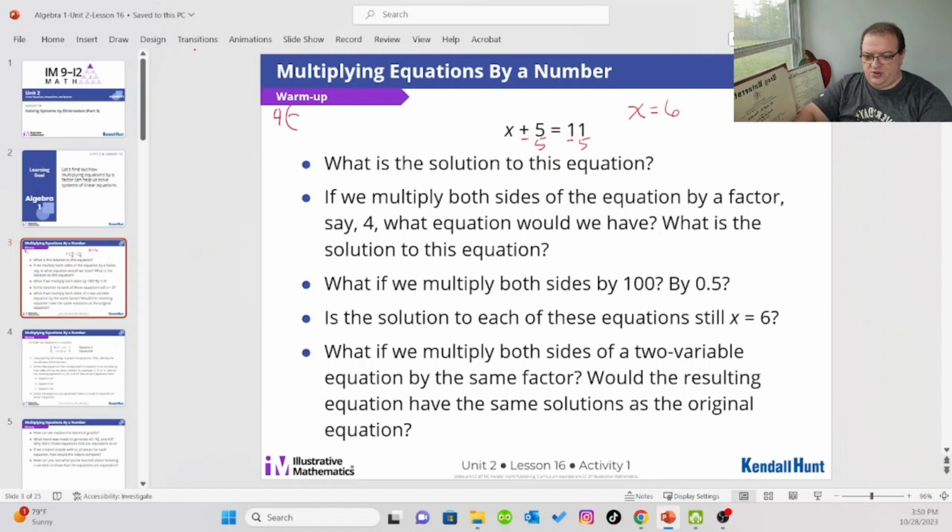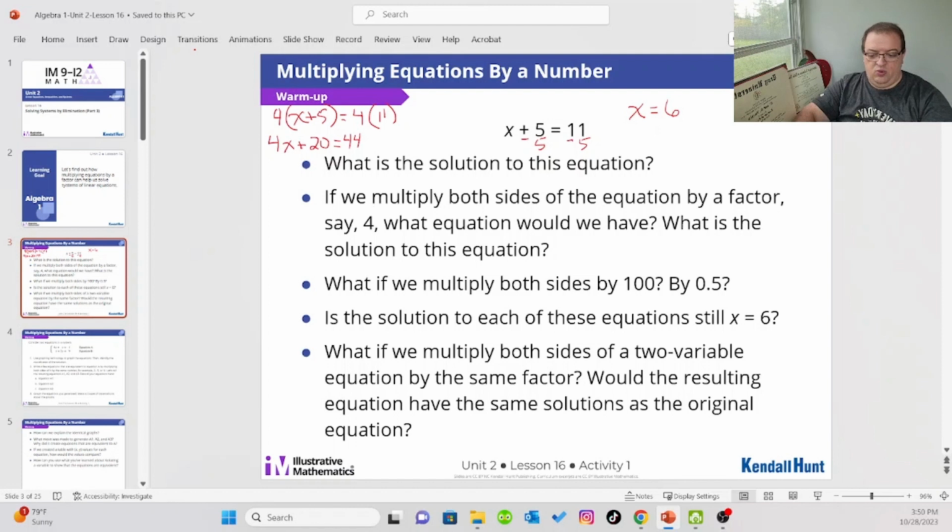We'll say 4 times x plus 5 equals 4 times 11. If we use distribution, 4 times x becomes 4x. 4 times 5 becomes 20. And 4 times 11 becomes 44. So this would be our new equation.